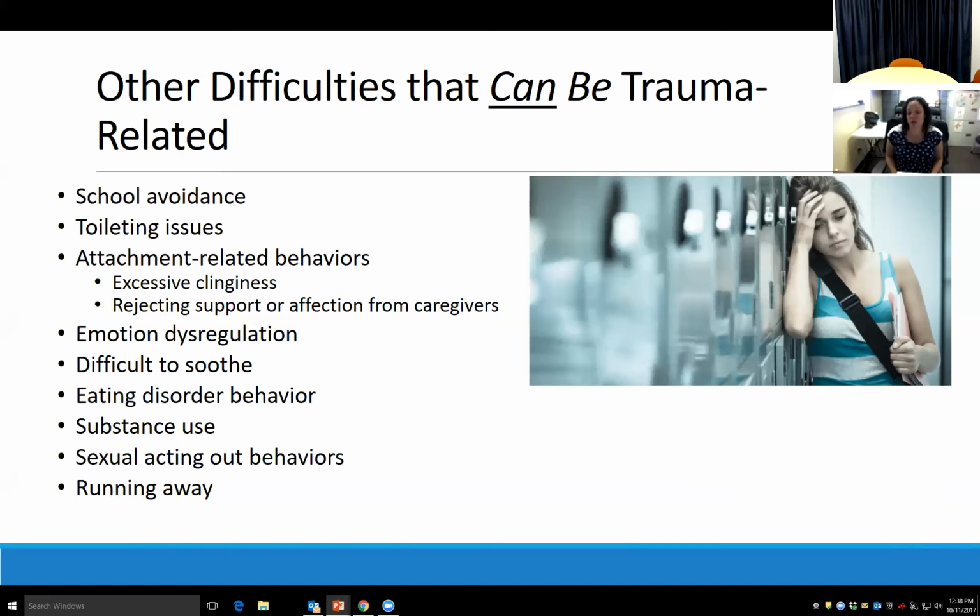I seem to overreact. I don't soothe. At times I may underreact, just kind of all over the place in my emotions. Difficult to soothe, as I said. Eating disorder behavior, substance use, sexually acting out, and running away. Again, many of these, not all, but many of these can occur even without trauma, but they also can be trauma related. And I just wanted to emphasize that.